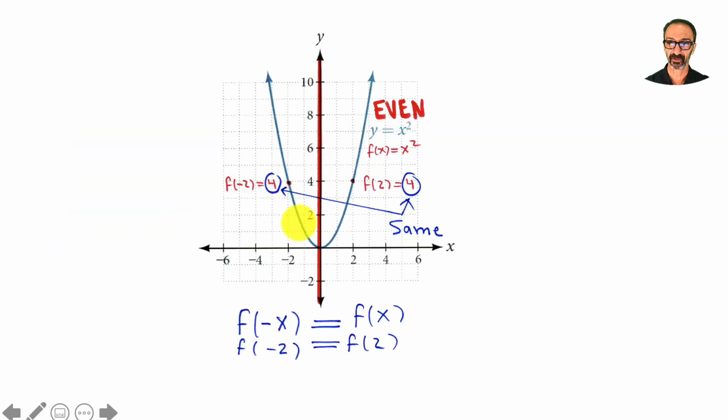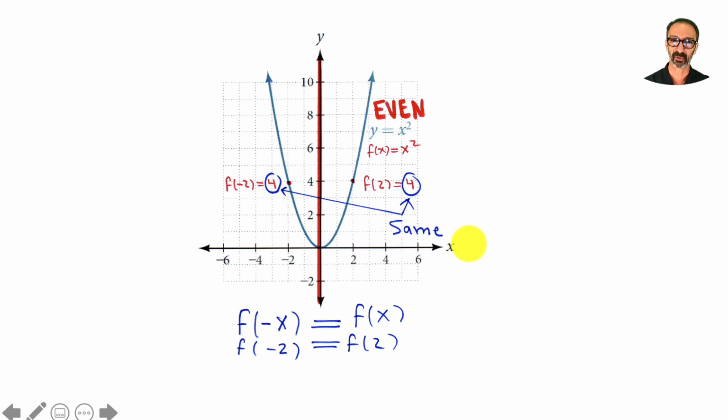This is an even function. It comes from x to the second, y equals x to the second. Notice at f of 2 we have 4, and f of negative 2 equals 4. So that's like x, and that's like minus x. F of x and f of minus x are the same outputs. That's called even.